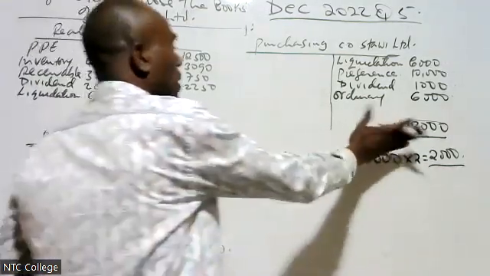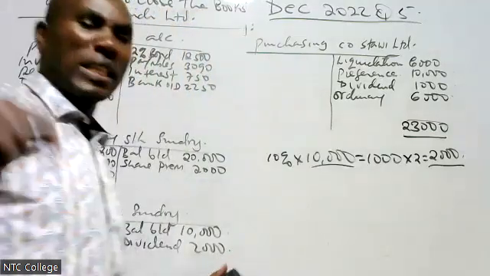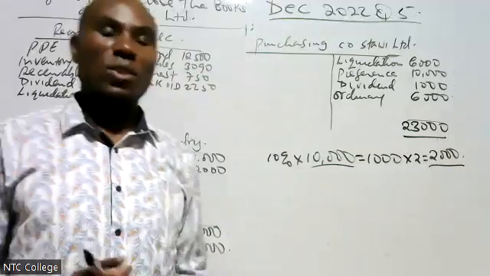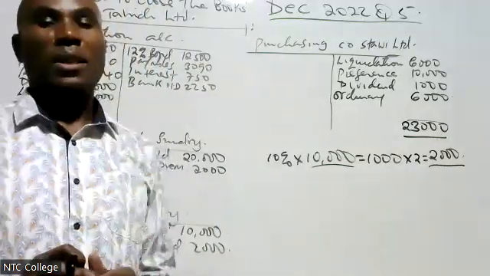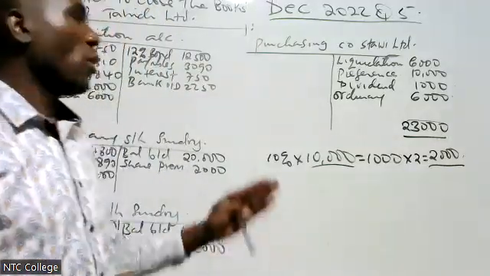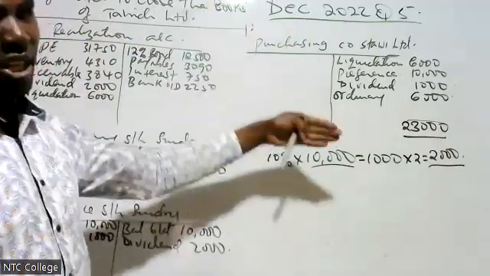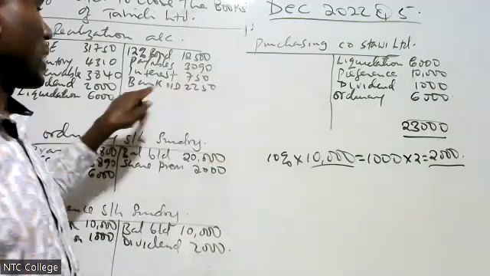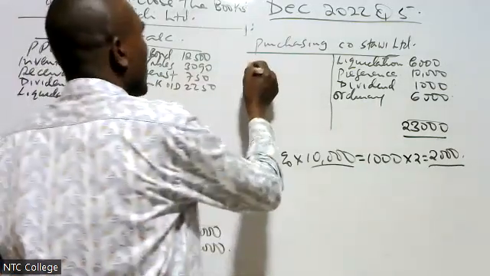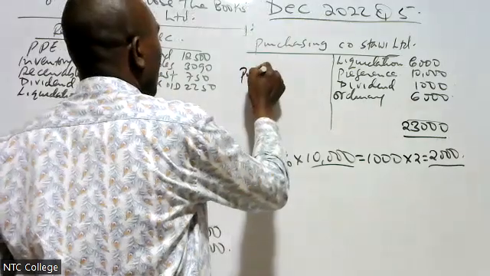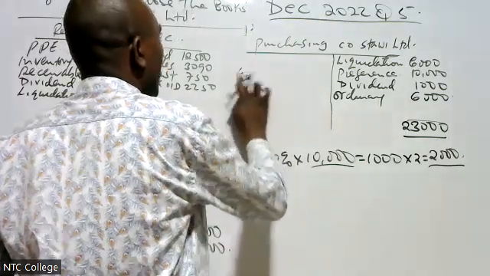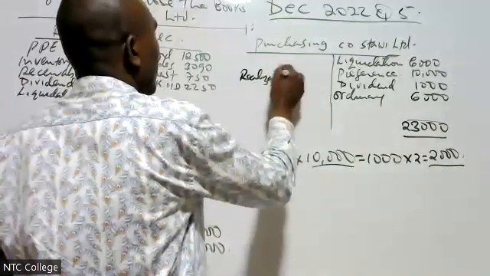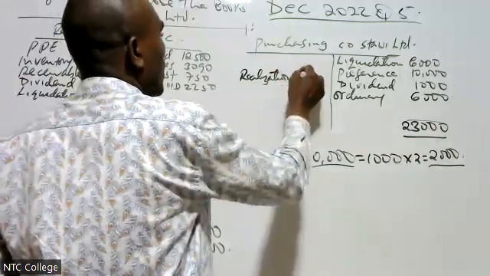Now, with this purchase consideration, when you go to note number 4 in our journal entries, closing the books, we said with purchase consideration you debit purchasing company, you credit realization. Therefore I say here realization, which is 23.